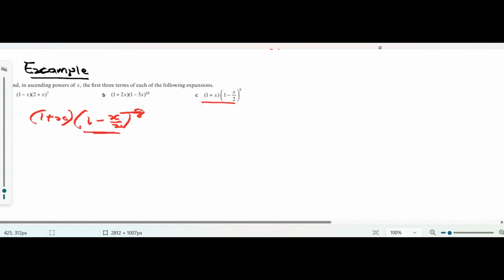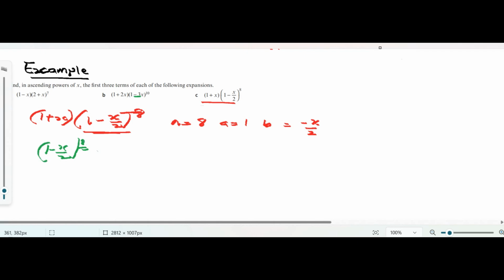So I need to first deal with this guy, then I will multiply the expansion like what we did in Pascal's triangle. My n is 8, my a is 1, and my b is minus x over 2. So the expansion for 1 minus x over 2 all raised to power 8.